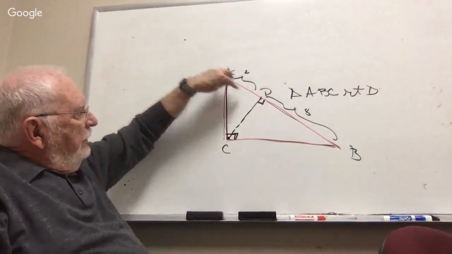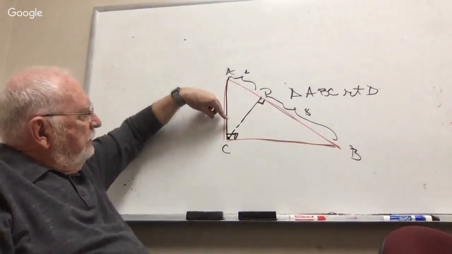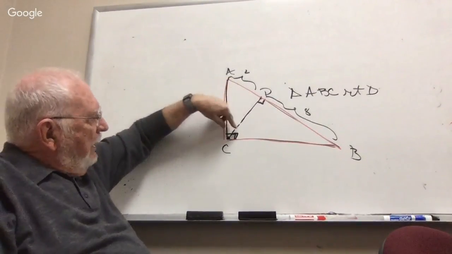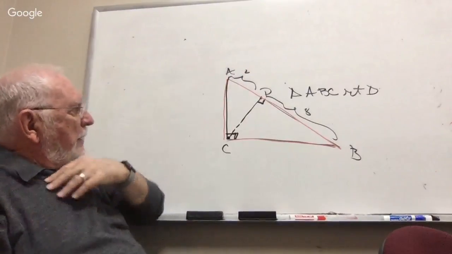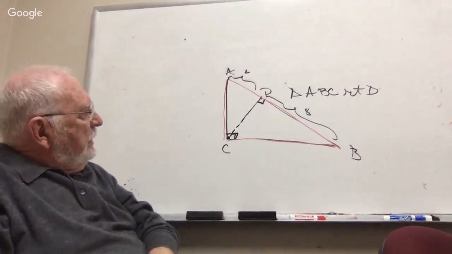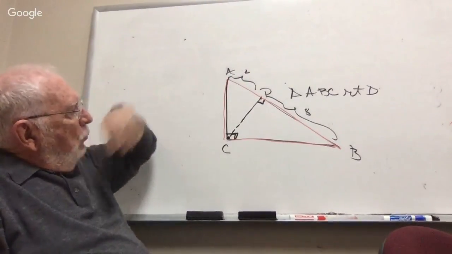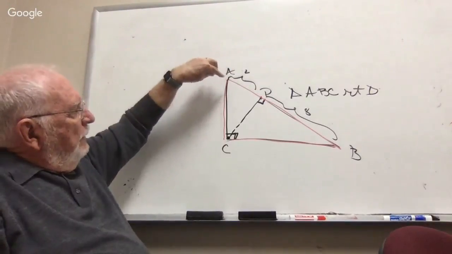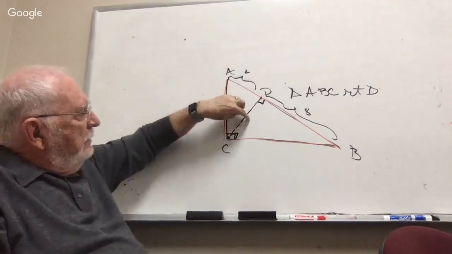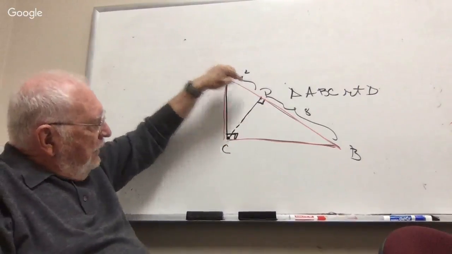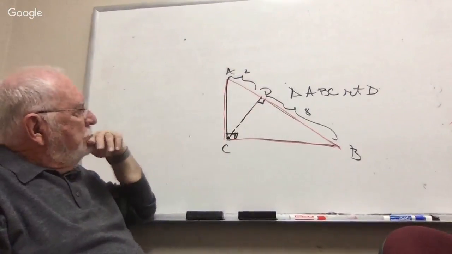We know that this is a right triangle because of the right angle there. We know that this is a right triangle and the big triangle is a right triangle. So what kind of relationship do you think the altitude here has to this big side?